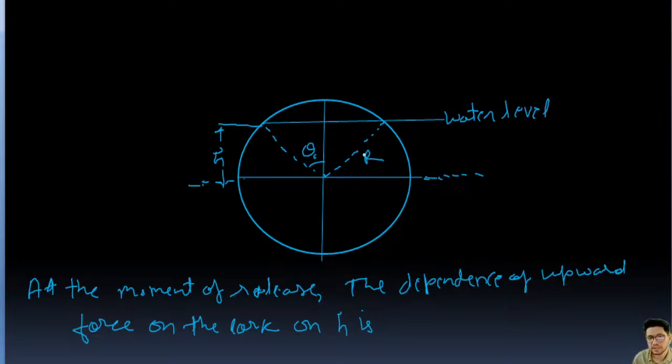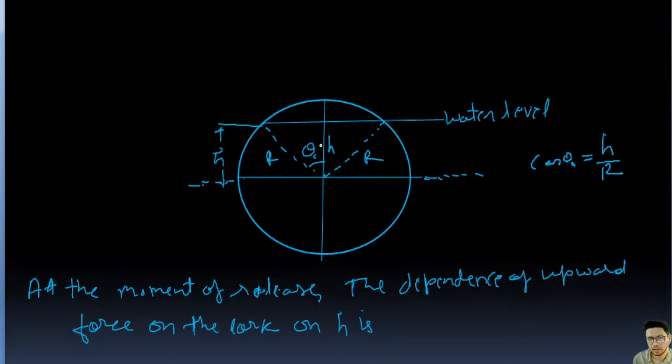From this figure we can see this is theta, this is r, and this height is h. So from here we can easily find cos theta naught is equal to h upon r.